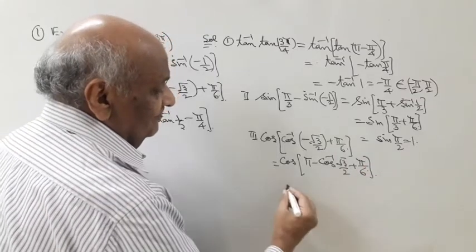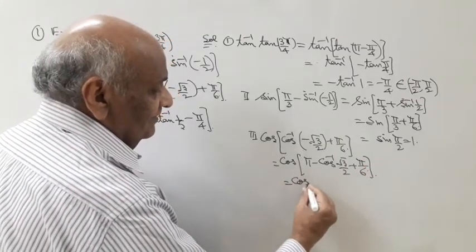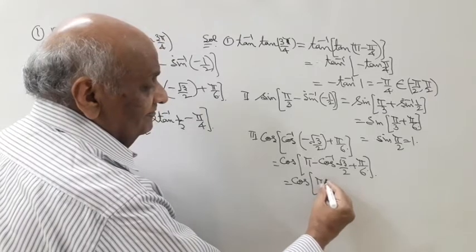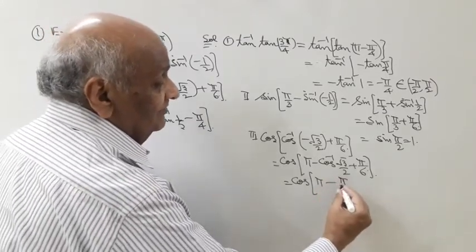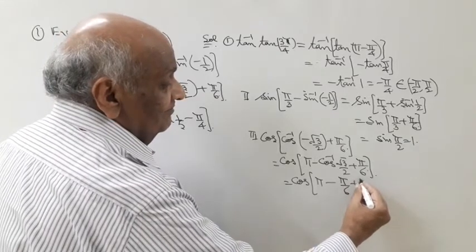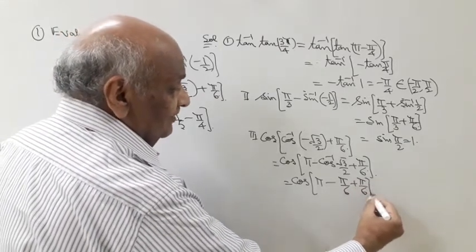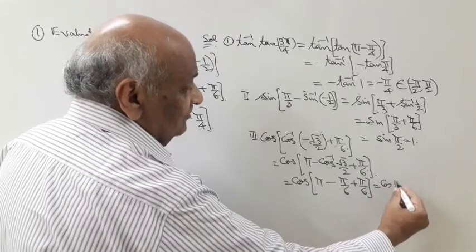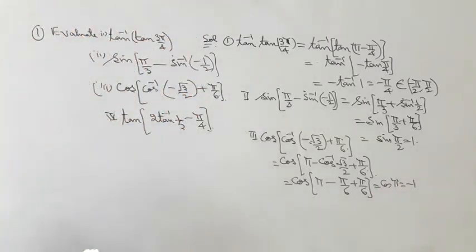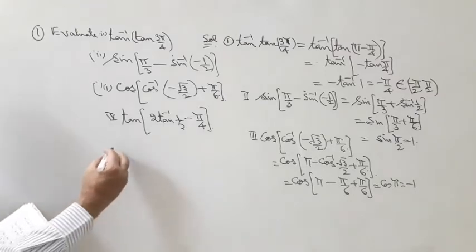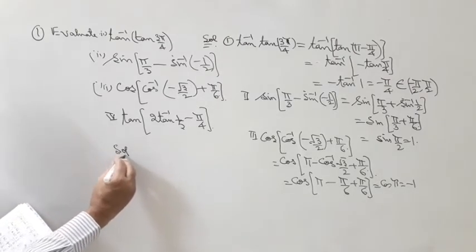Please check this. It is cos of pi minus pi by 6 plus pi by 6, that will go, it is just cos of pi, which is equal to minus 1. Then the fourth part, the solution I can add here.